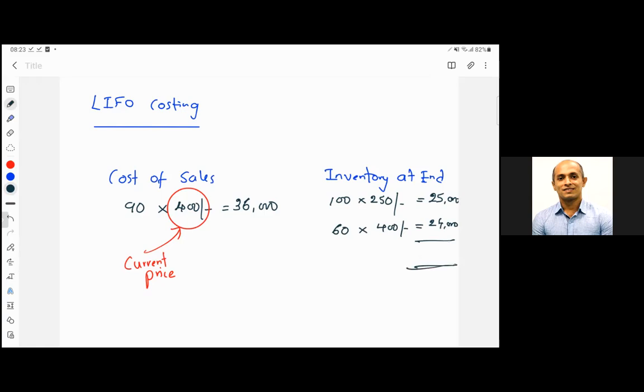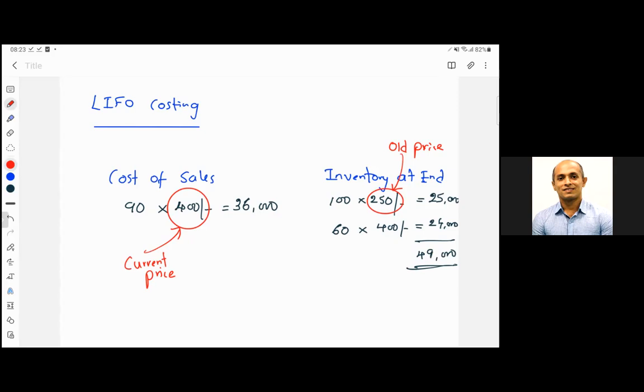Then inventory value is 49,000. Now you see, a major part of inventory is valued at the old price. So under LIFO costing, cost of sales is at current price, but inventory is at the old price.